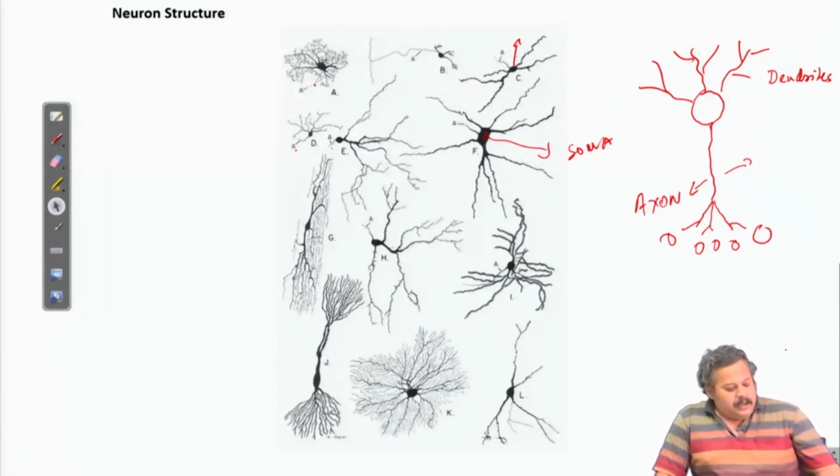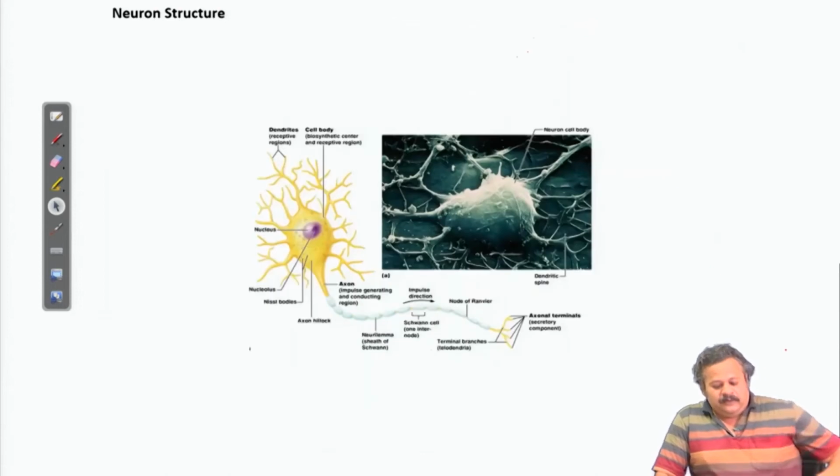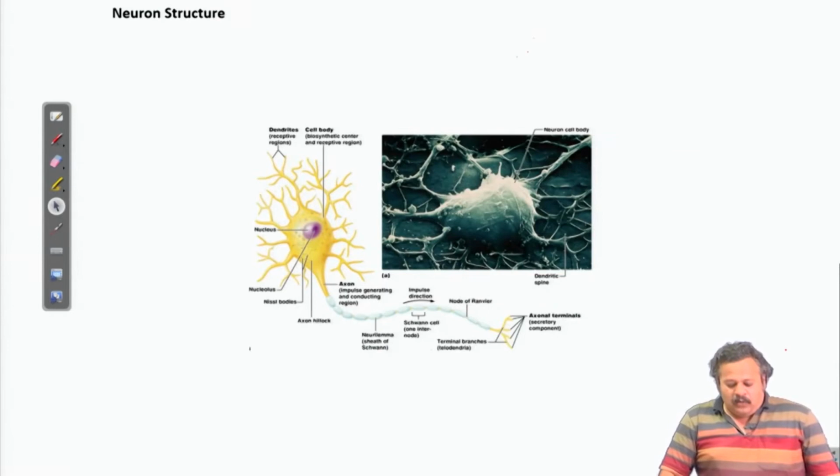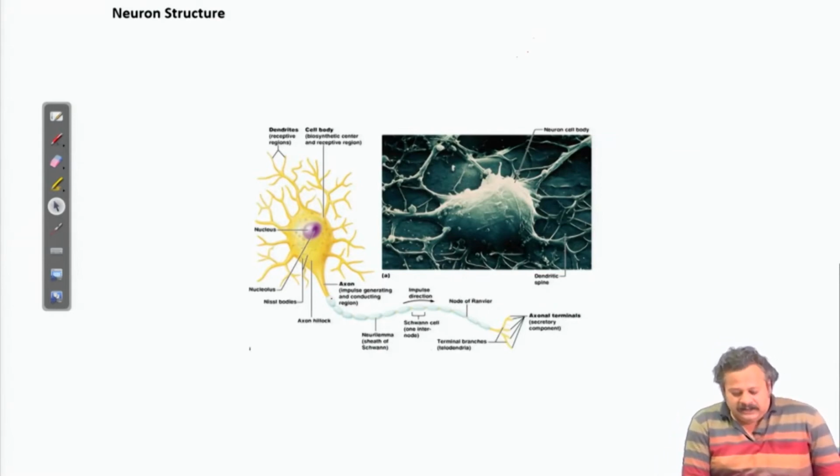If we look at it more closely in a cartoon form, this is the axon, where the beginning of the axon from the soma is what we call the axon hillock.